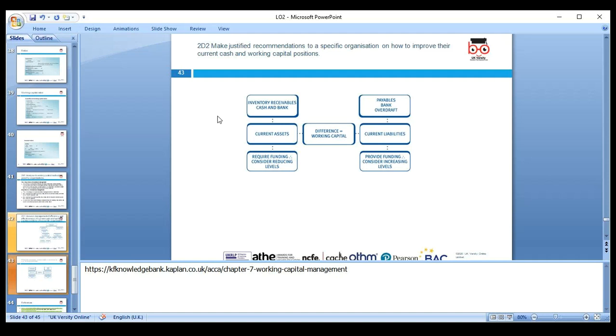So 2.D is also a distinction criteria, recommendation. We need to draw some recommendations on how we can improve it. Like, we can look at hedging foreign currency to improve the cash flow or reduce risk. We can look at receivables, maybe discounted invoices, or we can give what is called a settlement discount. If anybody pays early, they will be entitled to take the settlement discount, an early payment discount.